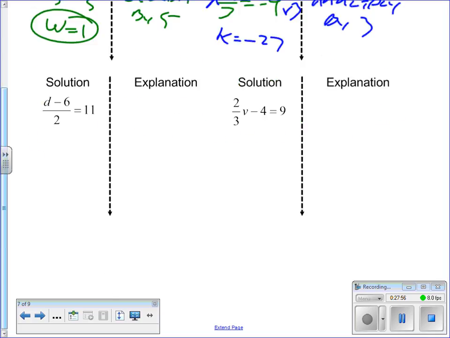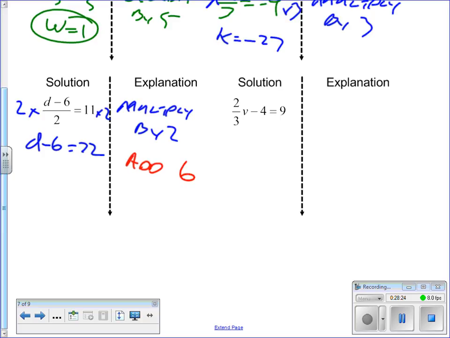Let's move this up. So what's my first step on the next one? Multiply by 2. So times 2, d minus 6 equals 22. And then I add 6.